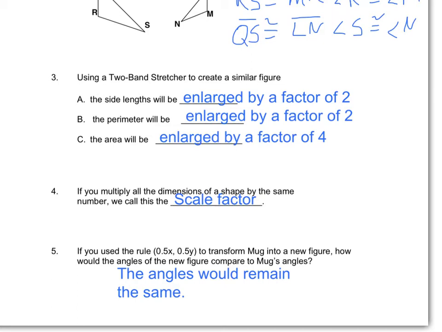Remember, when you're multiplying x and y by the same number, the angles will remain the same. If this was not the same number, then the angles definitely would be different. But since x and y are multiplied by the same number, the angles would remain the same.